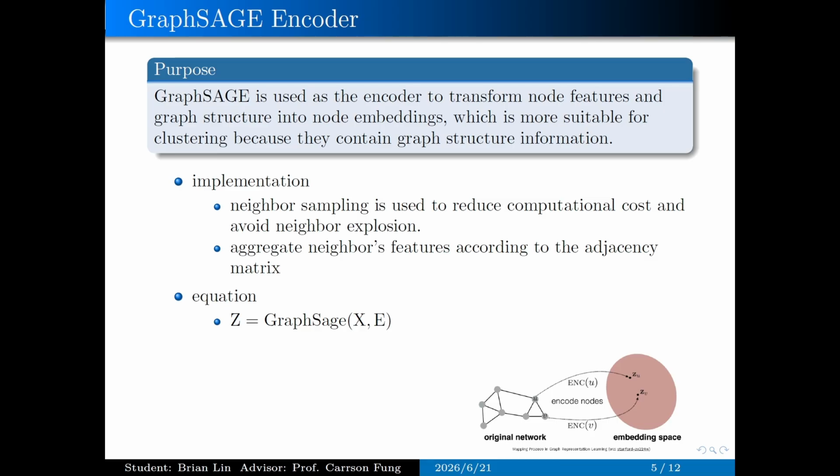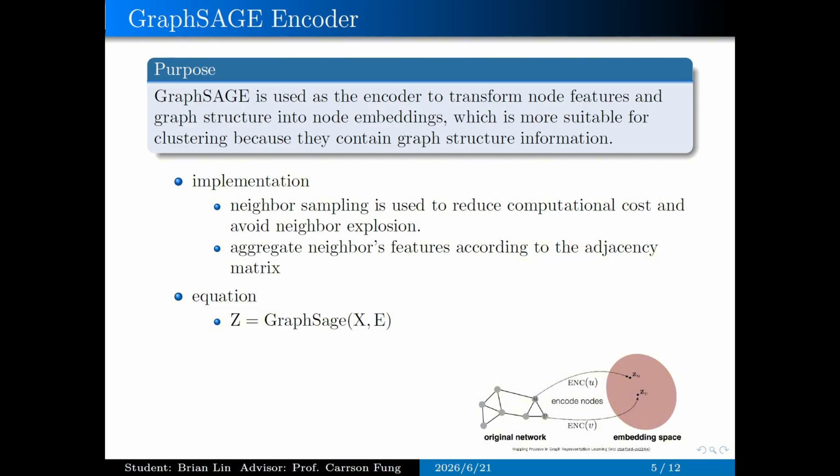For example, if the number of one-hop neighbors is 10, and the number of two-hop neighbors is 10, then the total neighbors we need to account for is 10 times 10, which is 100. This is a large number, so we need to do neighbor sampling to reduce our computational complexity.